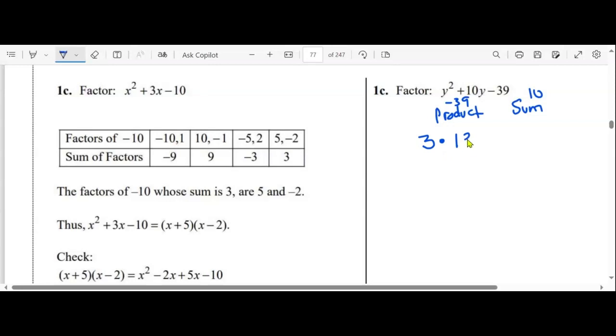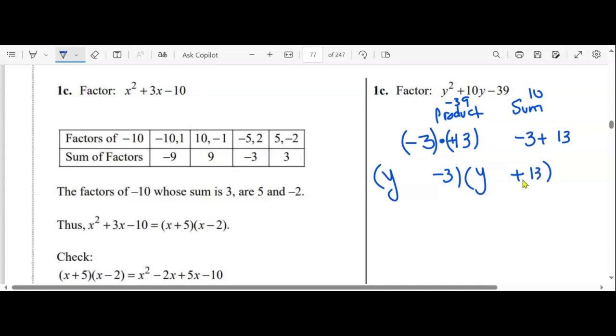Very good. Because if you subtract them, what are you going to get? So which one is negative? 3. And the 13? Positive. So let's do the factoring. Y. 39 is going to be negative 3, positive 13.